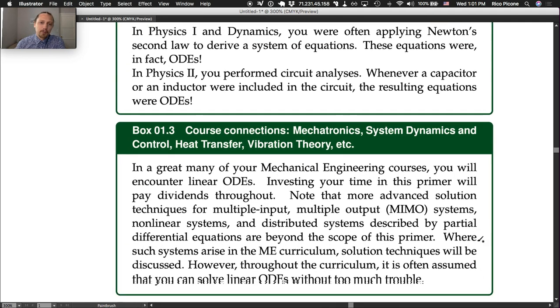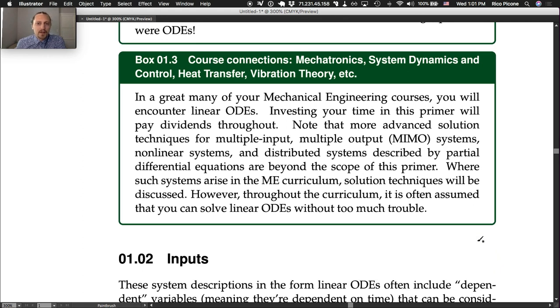So, some more course connections. This is looking forward. We just looked back in box 1.2. Looking forward in box 1.3, course connections to mechatronics, system dynamics, and control, heat transfer, vibration theory, etc. So in a great many of our mechanical engineering courses, you will encounter linear ODEs.